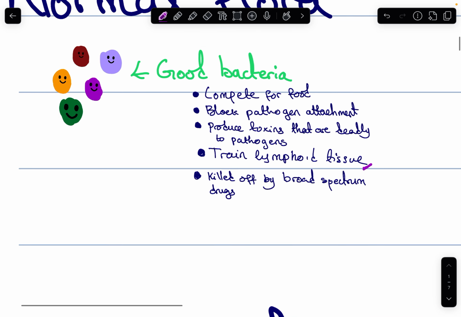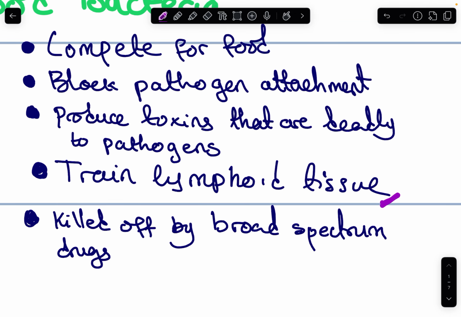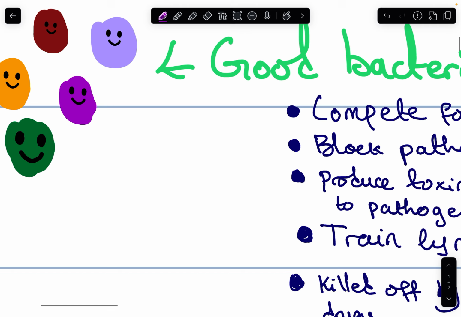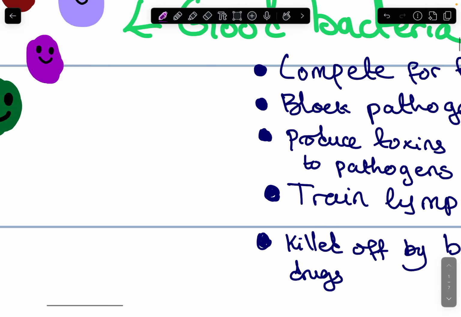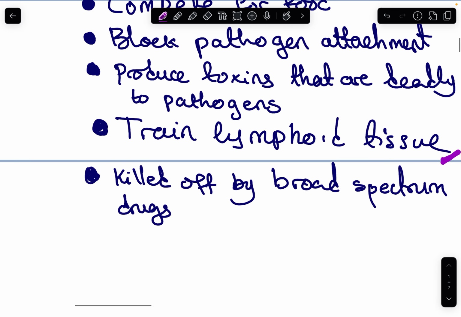Sometimes the good bacteria can become bad bacteria, and when it becomes bad bacteria, our lymphoid tissue will have to develop in order to fight it and beat it back into submission.